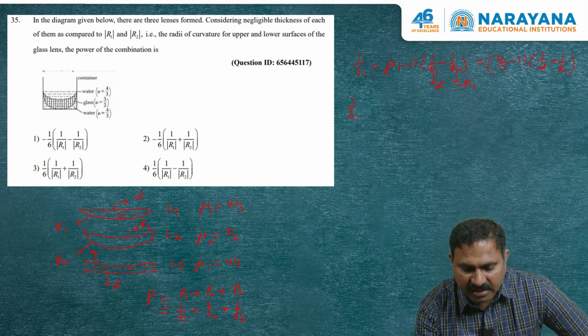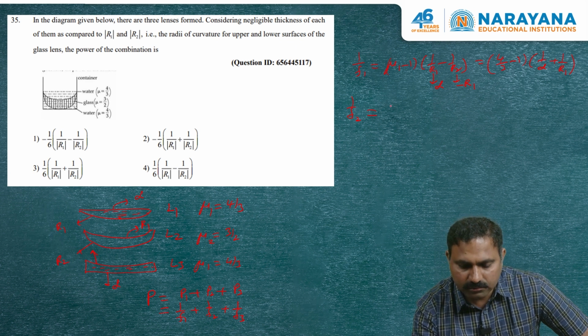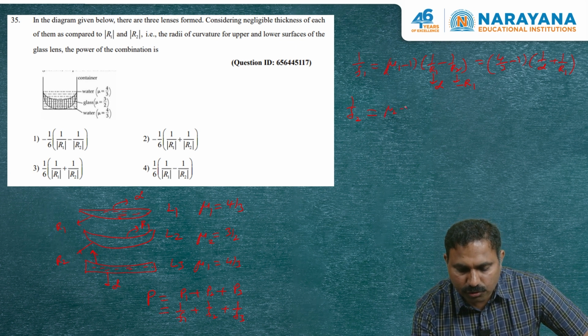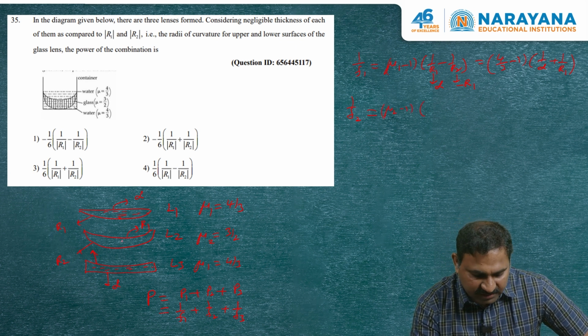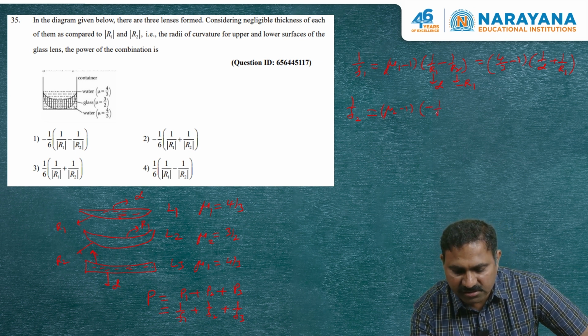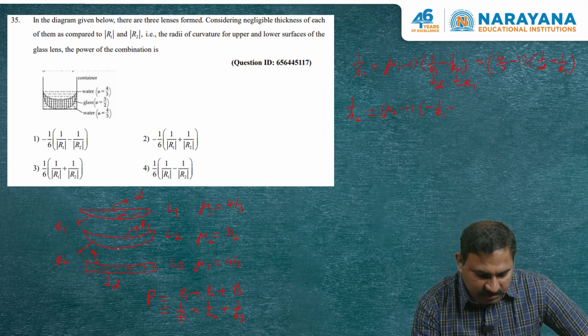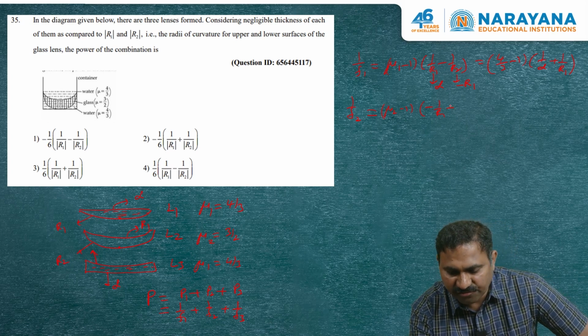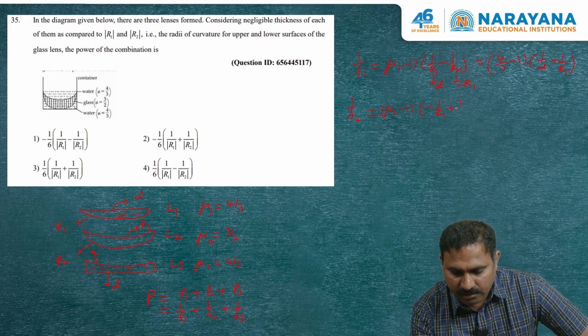Similarly, 1 by F2 equals (mu 2 minus 1) into, for this, 1 by R1 as usual with negative sign. So this is minus 1 by R1, and this is also negative, so minus of minus plus 1 by R2.